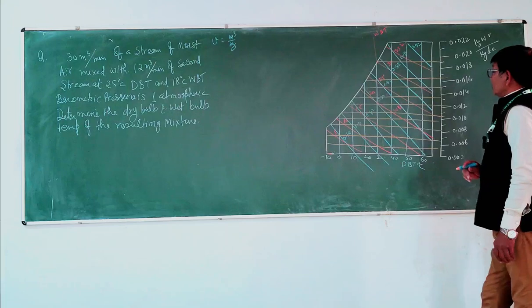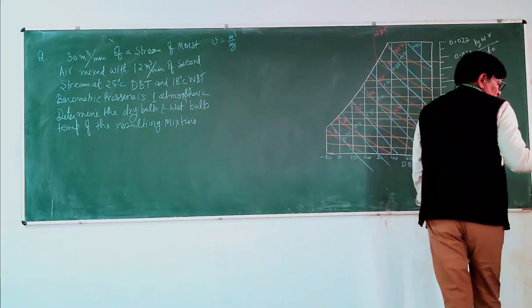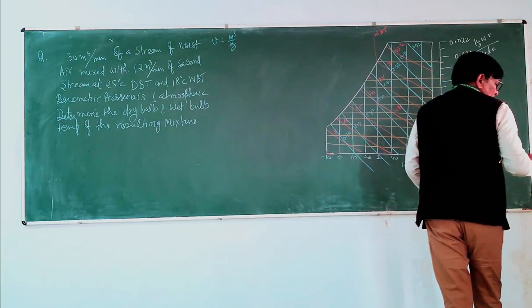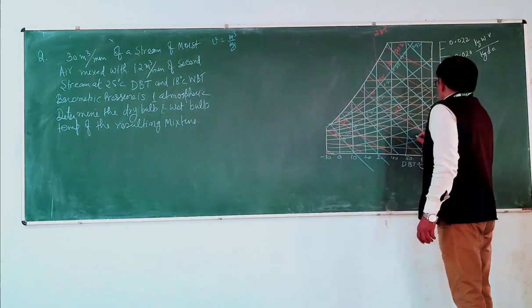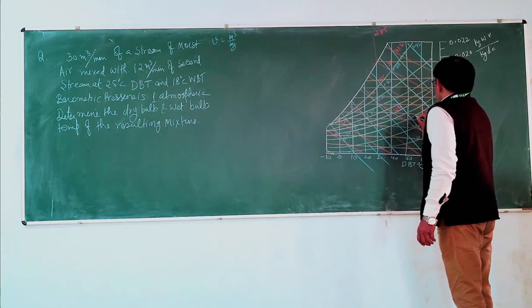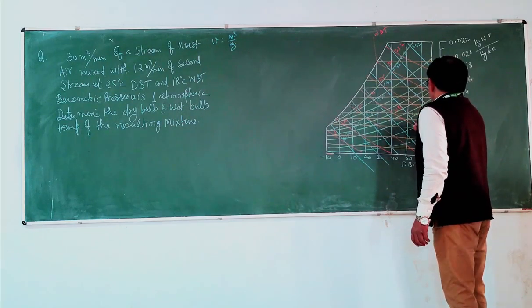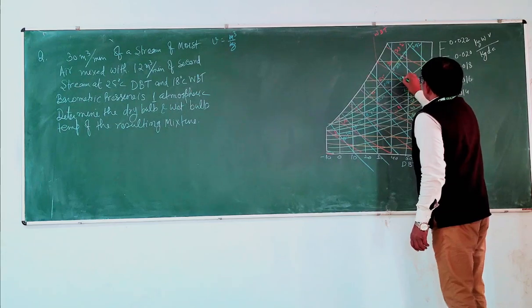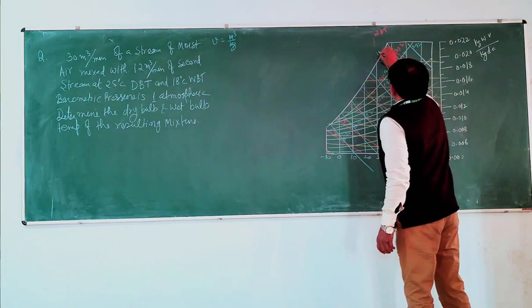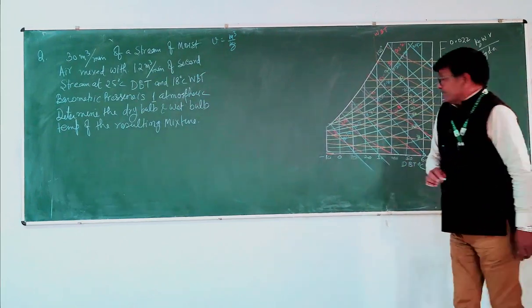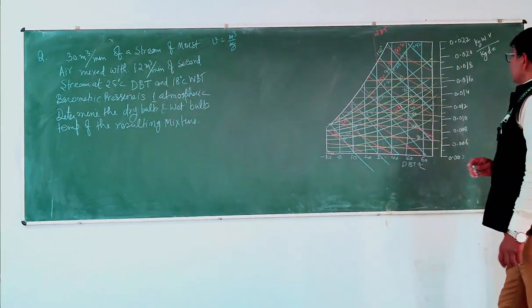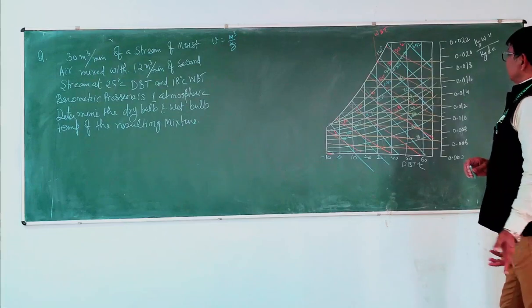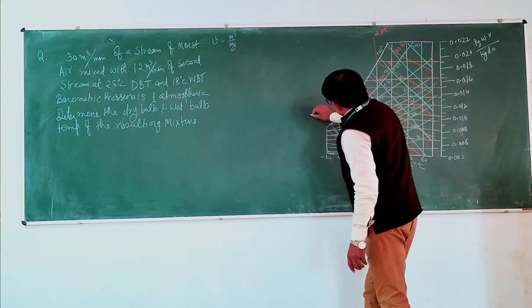Next we will draw the relative humidity lines, using green color. 20%, 40%, 50%, no, 60% is too much. 20, 30, 40, 50, 60, 70, 80, 90 and 100. I think it has become a little bit complex, but it's okay. And now we require enthalpy.